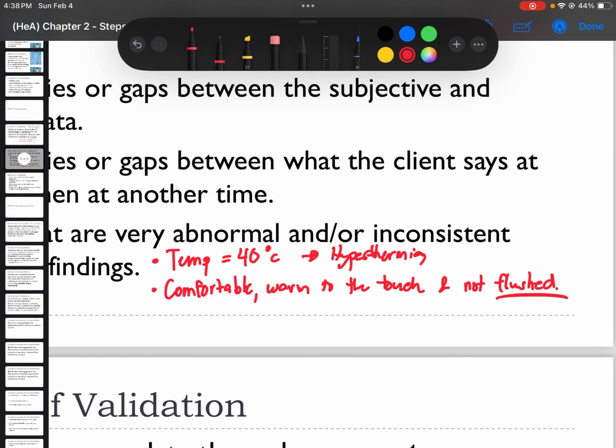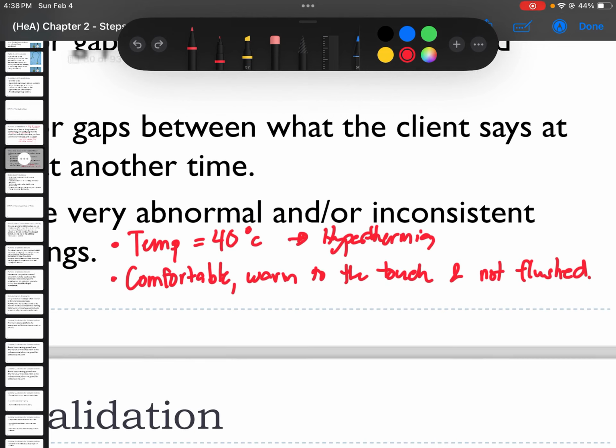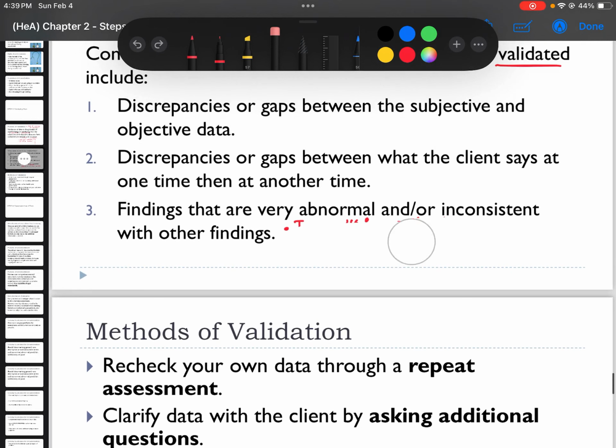You are gonna be very flushed if you have 40 degrees. But in this instance, they are not flushed. So what we can do in instances like this is we need to validate. Probably we need to validate our thermometer. We need to make sure that it is properly functioning.